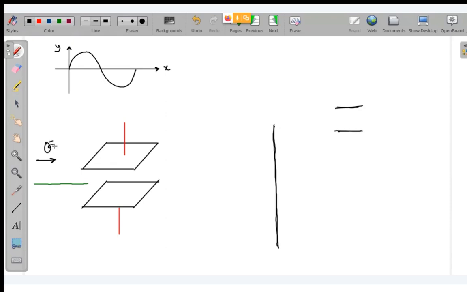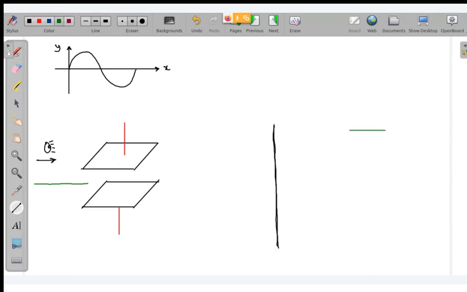Suppose this is my eye. If I am looking from this point, these two plates will look to me like this. If you understand this, then in the next class CRO will be over, or else it will be very tough for me.